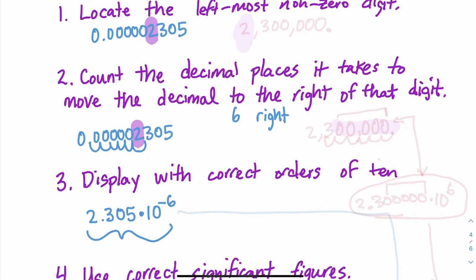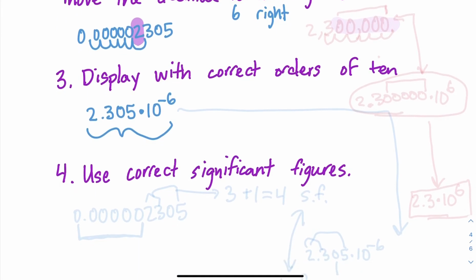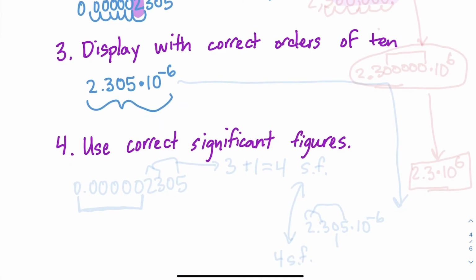However, in step 4, we want to use the correct significant figures to be sure that we're showing the same number. And so in this case, we do have the correct significant figures because, based off of what we just learned in 0.000002305, we know that non-zero digits are significant, so we have 3 of those, and then we have a 0 in between them.